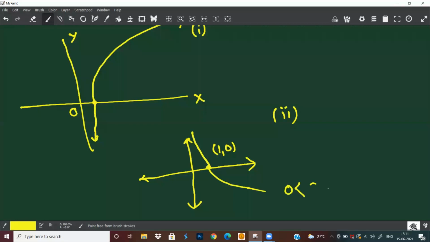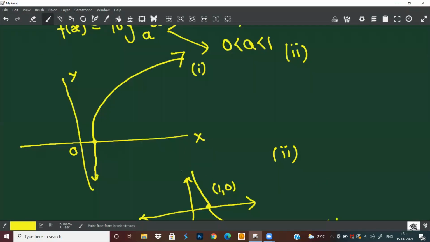What I can do is make a table and show you for the first graph.